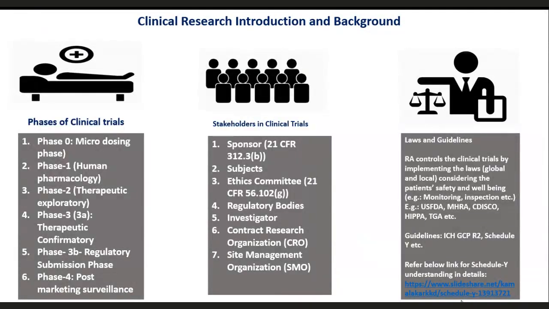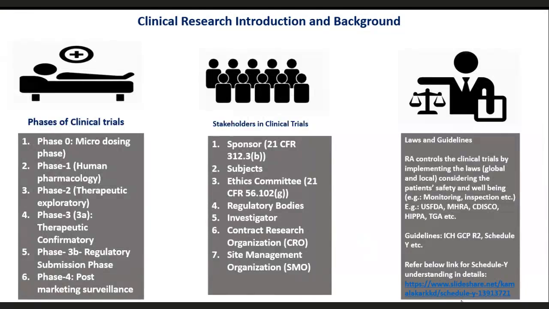ICMR, the Indian Council of Medical Research, or CDSCO are the Indian bodies who give the approval for any clinical trial going to be conducted in India. CDSCO is the regulatory authority body for India.